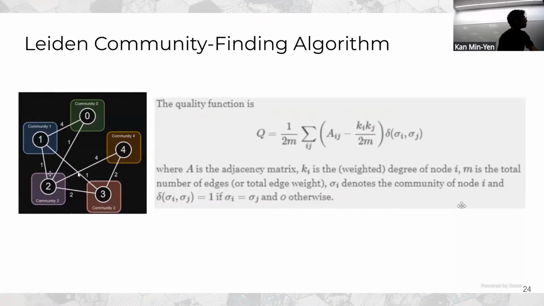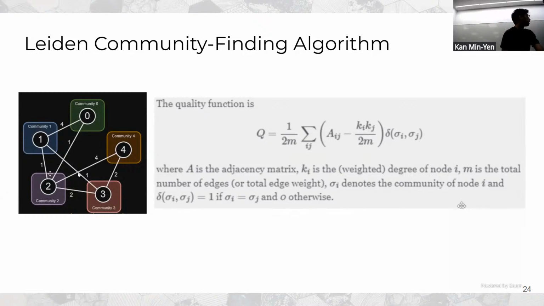So this is the function. It describes the same thing. M is basically the number of edges. You divide by that because you're averaging by it. The K would be the edge values.